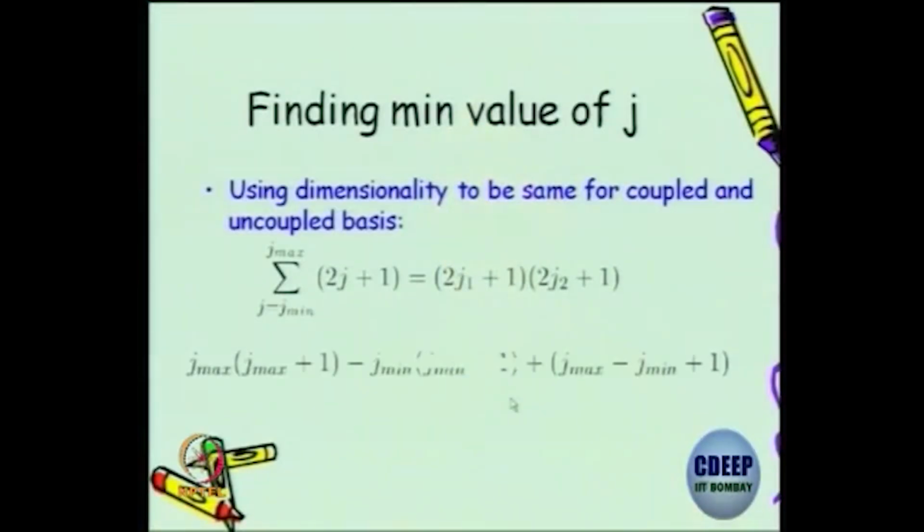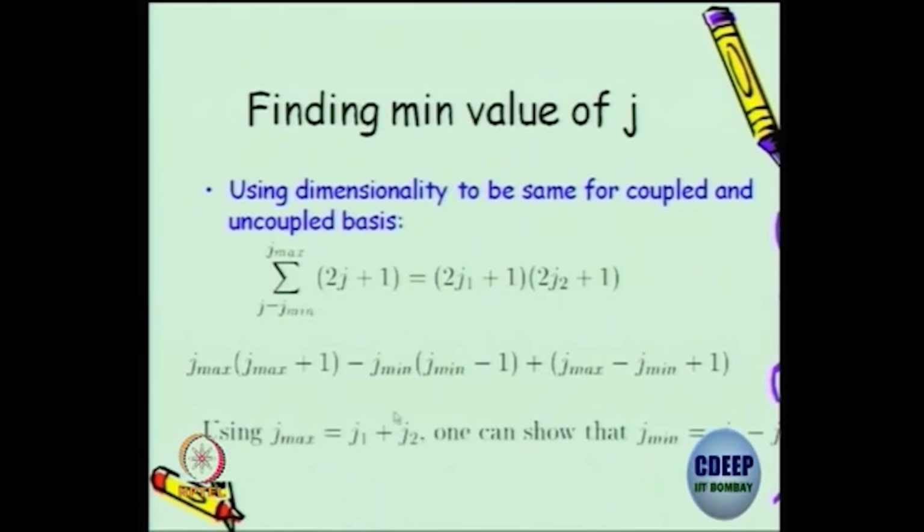So if you do this, just a simple summation, what will you get? So you get this to be the left hand side, and that has to be equated with J max to be J1 plus J2. If you equate it to this, then you can show that J minimum is mod of J1 minus J2. If J2 is less than J1, you could write J1 minus J2.